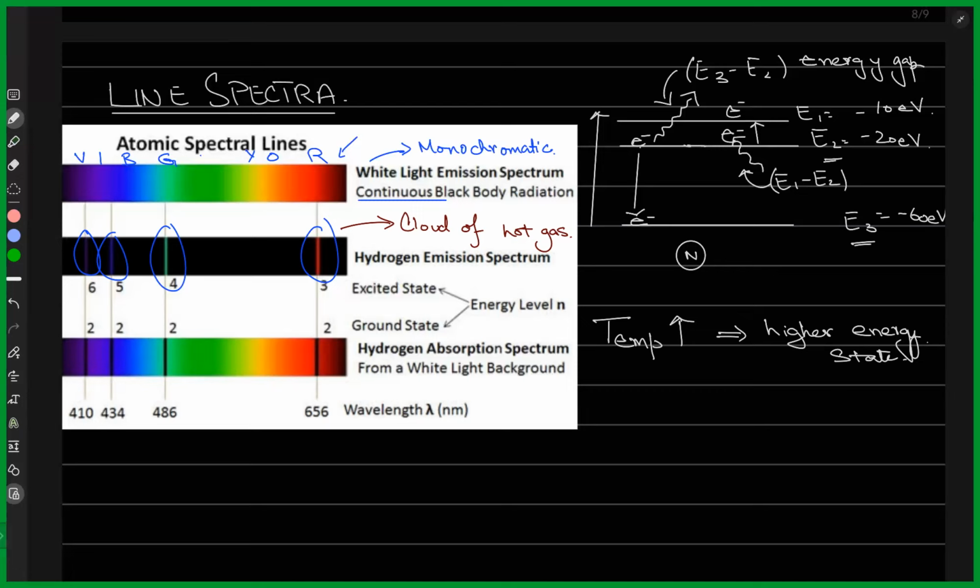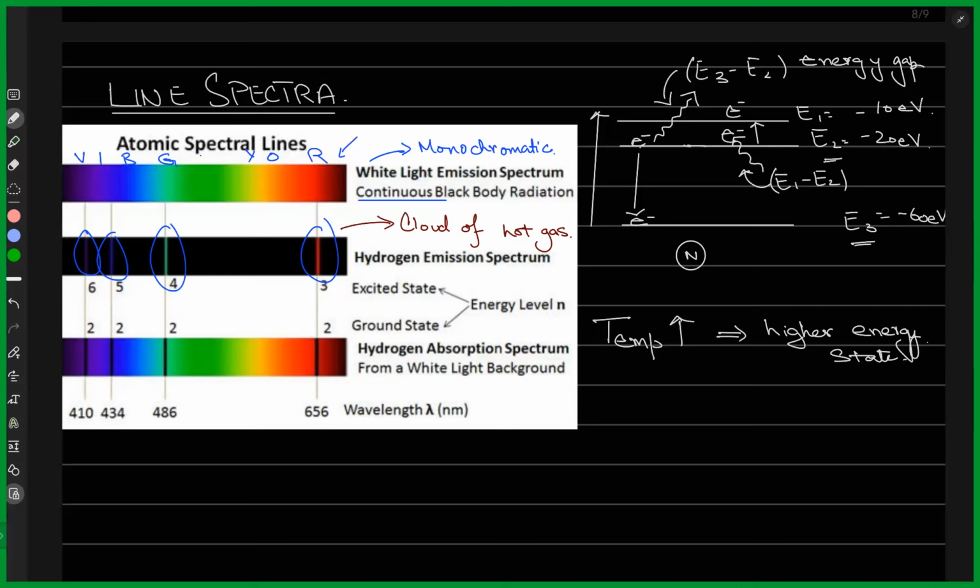right? And this is the reason why we see these colors of specific frequencies. A specific frequency corresponds to a specific color, right? Because these colors have different frequencies as they have different wavelengths. What does that mean? Frequency is directly related to energy.